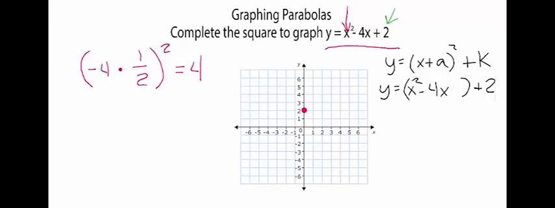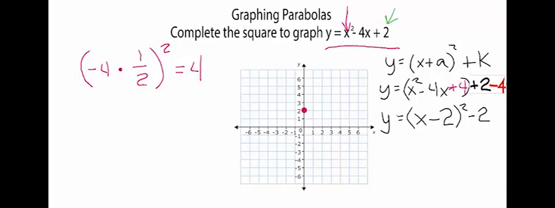So I'm going to put that right here, plus 4. And as we add our perfect square, the plus 4, inside the parentheses, we need to balance it out by subtracting 4 from the constant right there. And that equation simplifies to y equals the quantity x minus 2 squared minus 2.